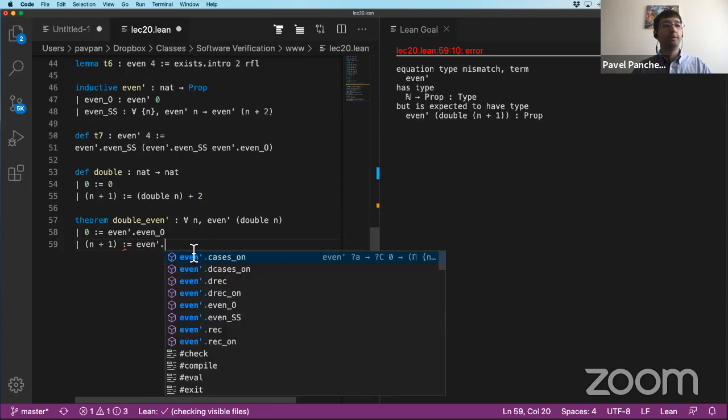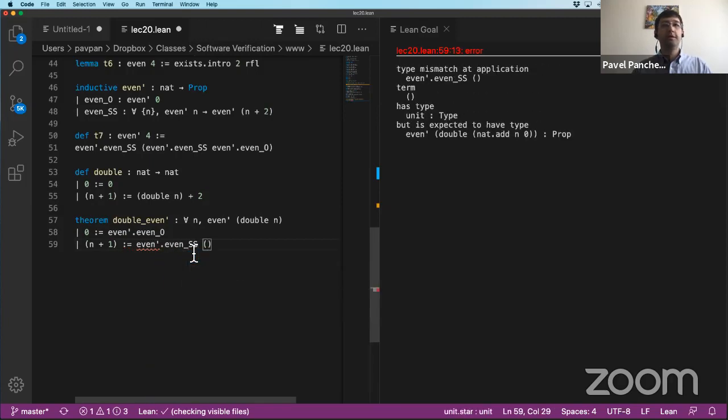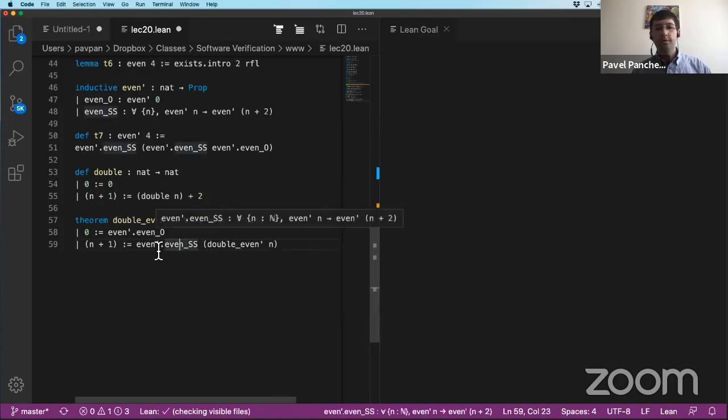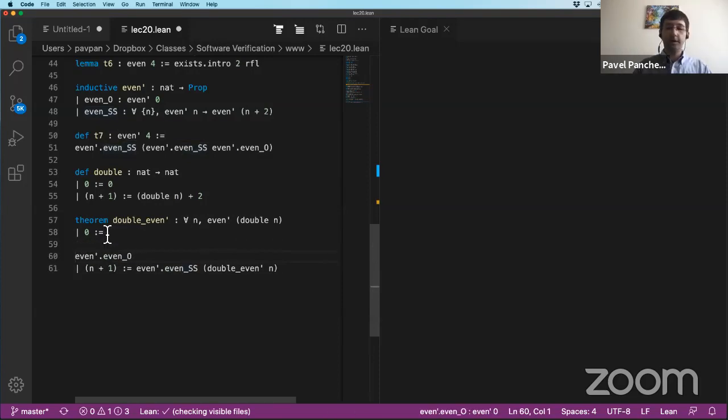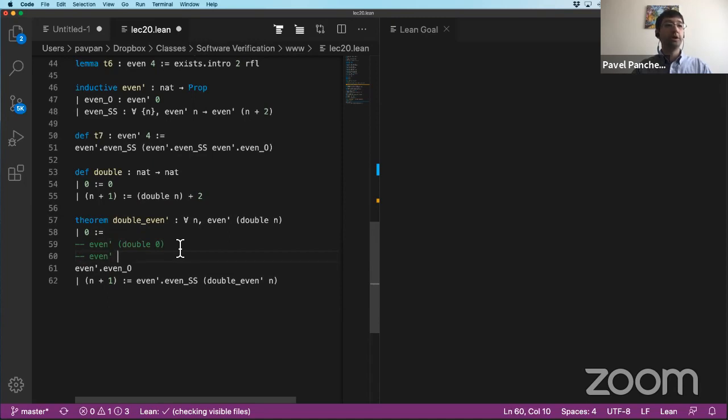So that's this applied to... okay, so what's going on here? Let me expand this a little bit. In the case of 0, what we're trying to prove is that doubling 0 is even. And we have a rule over here that says that doubling 0 is equal to 0. So this is really trying to prove that 0 is even. And this even 0 case is exactly what does so.